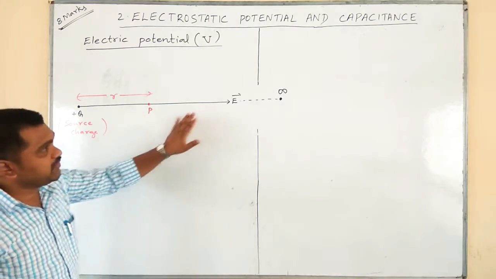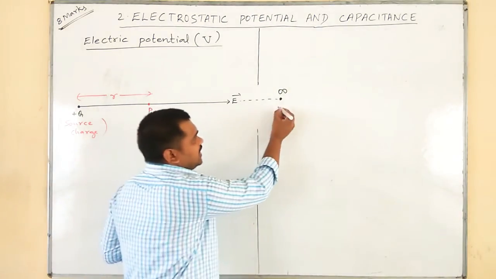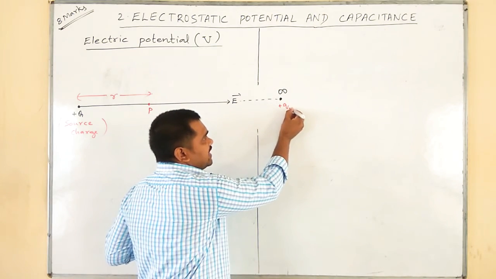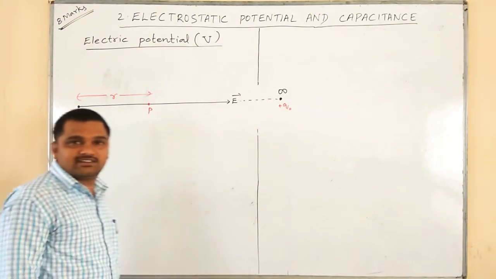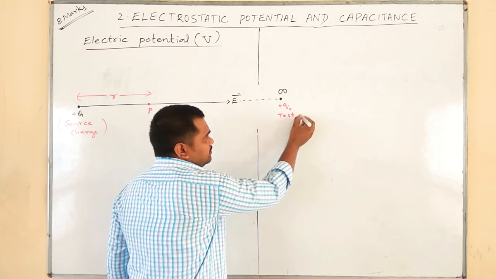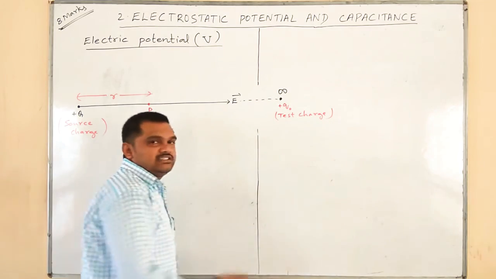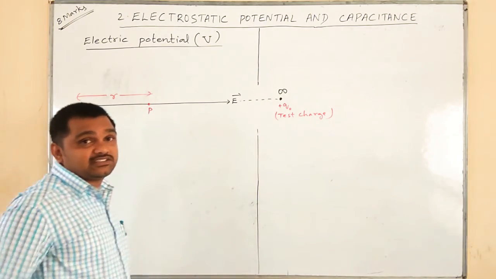Here at infinity, we have to consider a test charge. I will mark this as plus Q naught. It is a test charge. We usually call it a unit positive test charge.